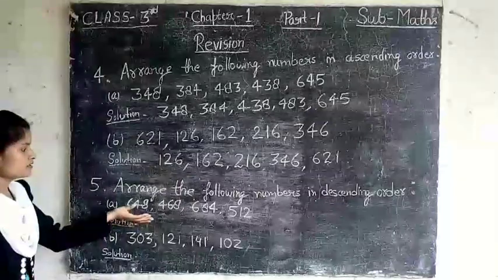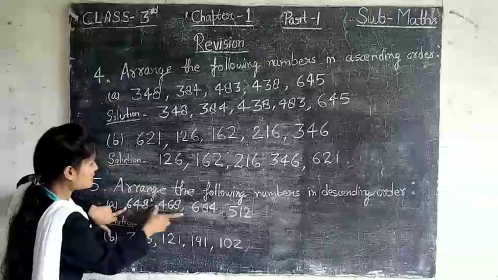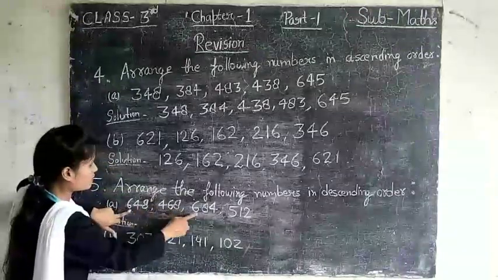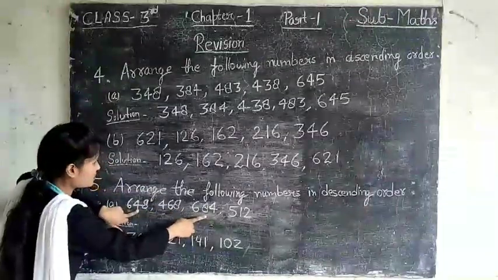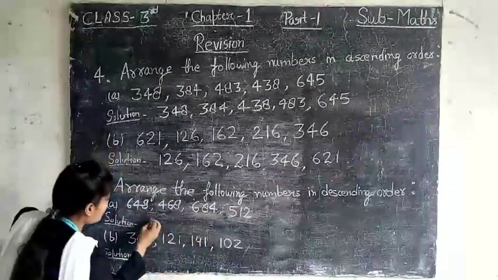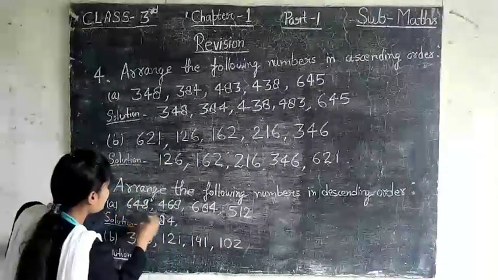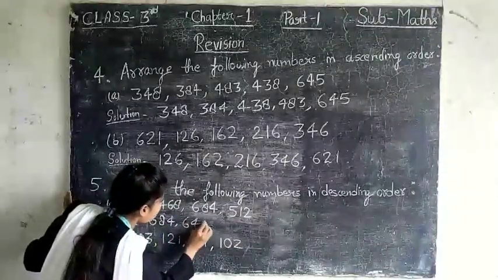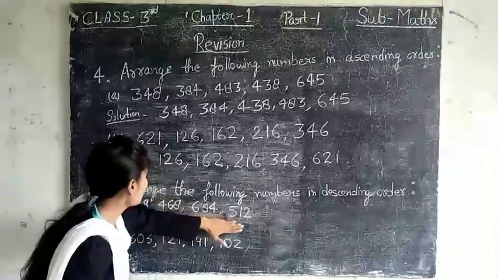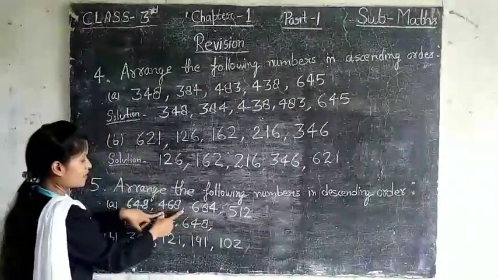Now we compare the numbers 6, 4, 6, 5. Here 6 and 6 are the same, so let's compare the second digit, 4 and 8. This is greater, so this is written first, that is 684. Now next is 648. Now next we compare 512 and 468.